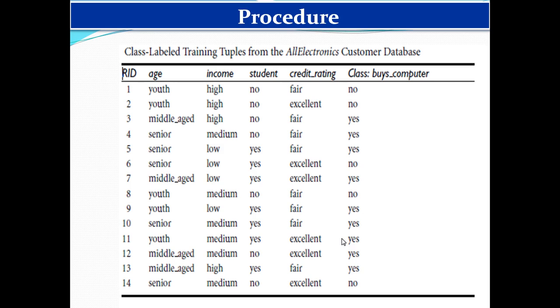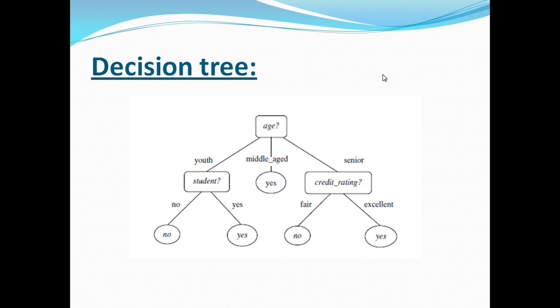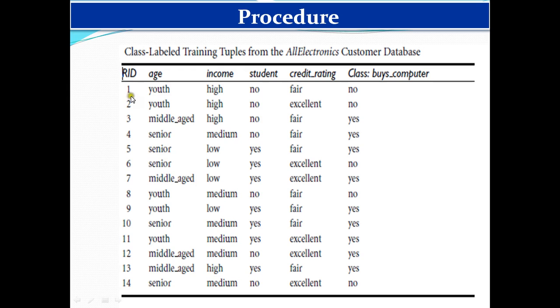This is the training database on which we are working. Say this is a class attribute, that is buys_computer, no, yes. So this is a decision tree form. Say age is middle age, then it is directly yes, as you can see in the previous database, where all middle age rows have the class buys_computer as yes.